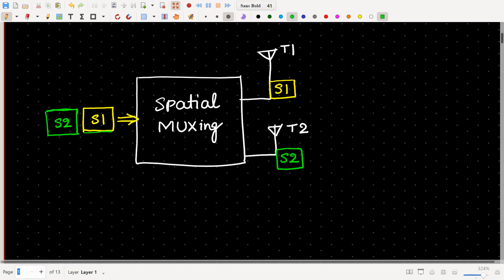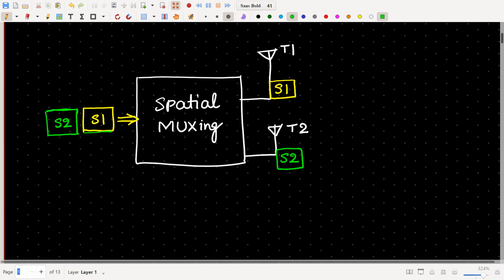So in parallel, we are transmitting two symbols over the same bandwidth. This indicates that you have a high data rate compared to the previous scheme. That's the beauty of spatial multiplexing, because in this case you are multiplexing the RF channel. You are not multiplexing in time or in frequency. Rather, you're multiplexing the space.